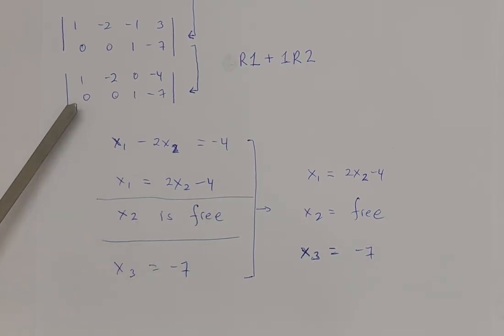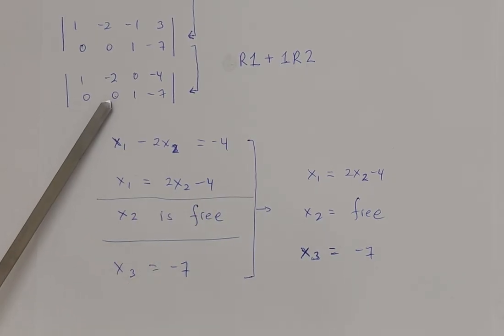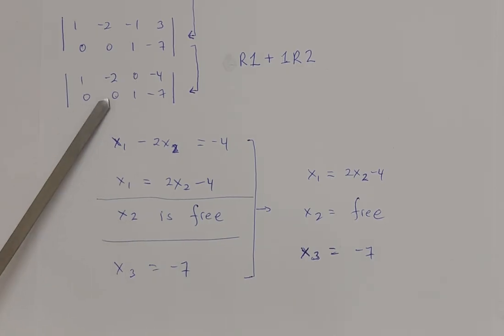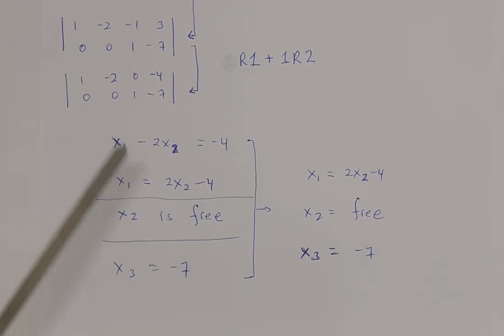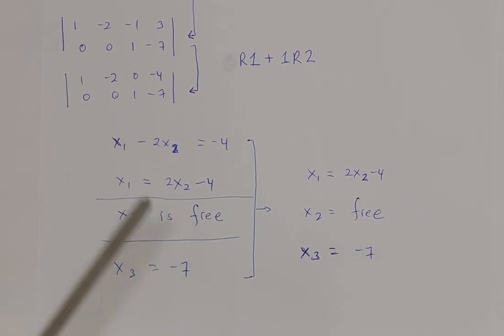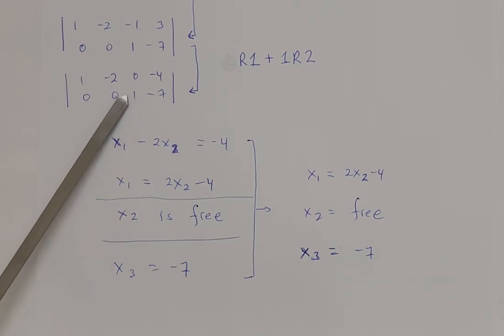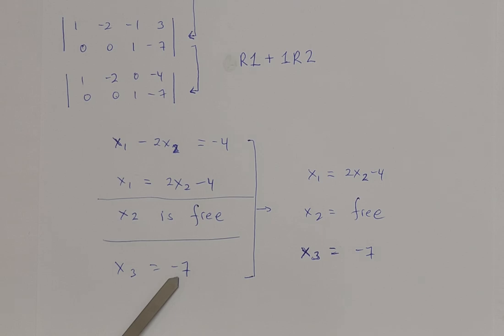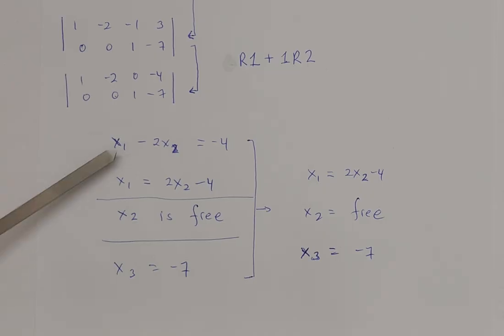Next, right here, this is x2. Since there's nothing here in x2, we can label it free. Next, there is something in x3, so x3 equal negative 7, and this is already solved, so we leave it alone. Where did we get these? This is x1.